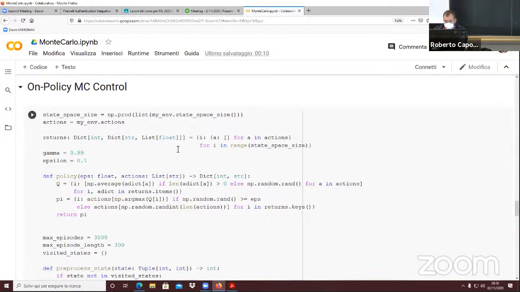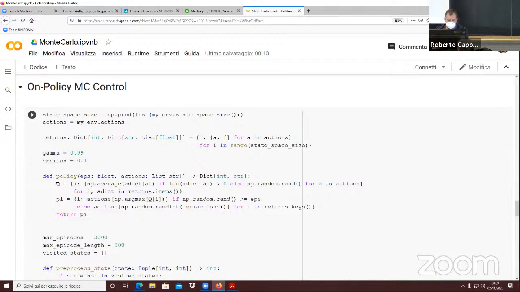So this is just a dictionary that maps states and actions to the returns, and this is needed because, again, I need to compute the Q function, so I need to keep in mind what are the returns for a certain state by following a certain action and then following the policy.